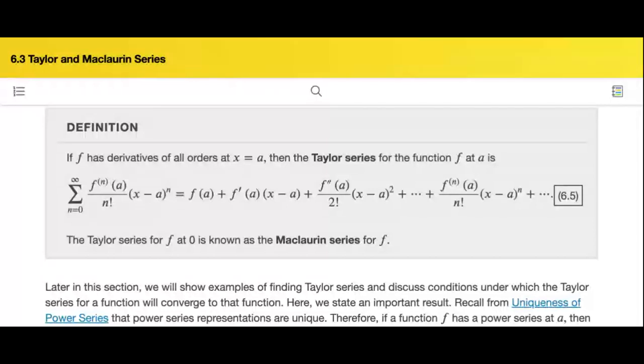Now we already proved, the proof is in the textbook, that c_n can be represented as this. c_n is related to its derivative of nth order, but divided by n factorial. Because when we take derivatives, there's a factorial involved because of permutation.